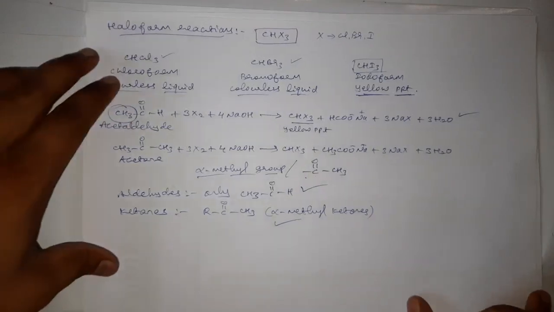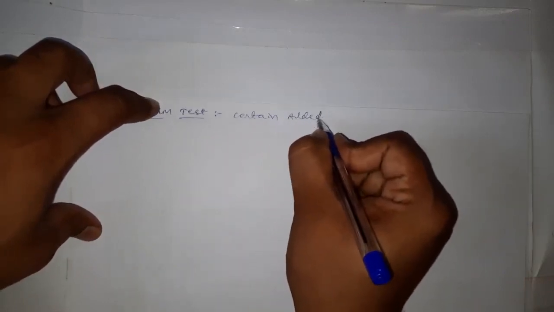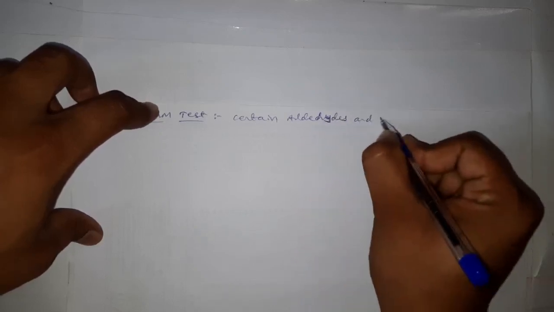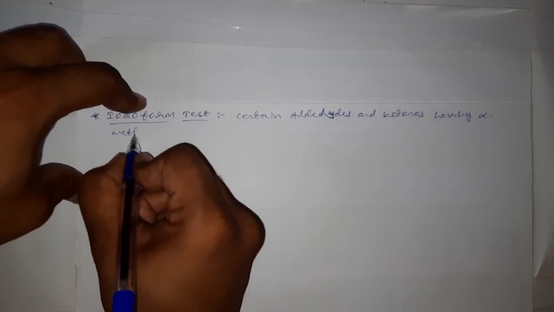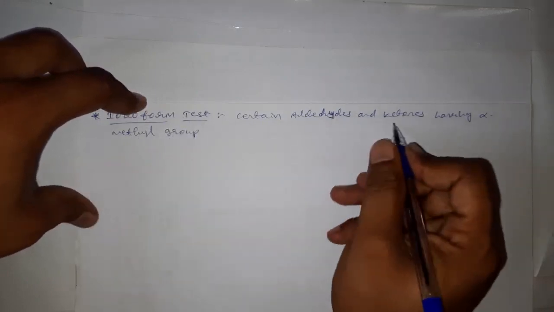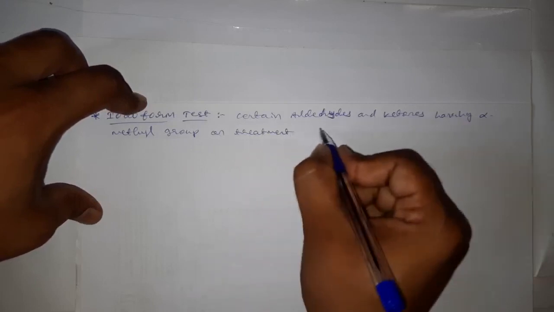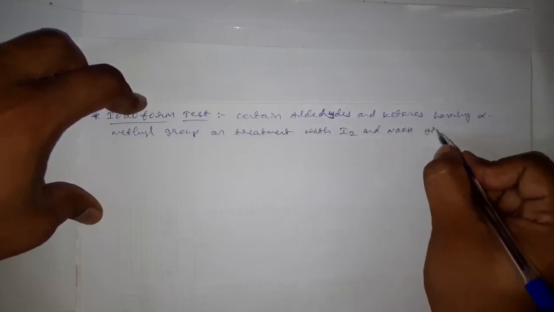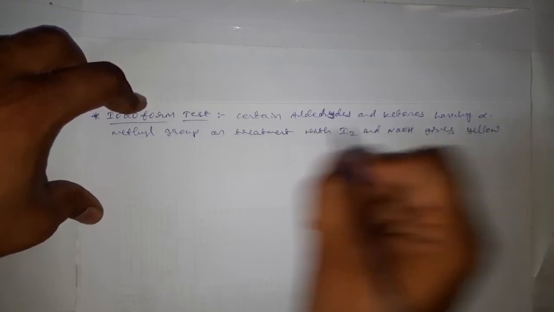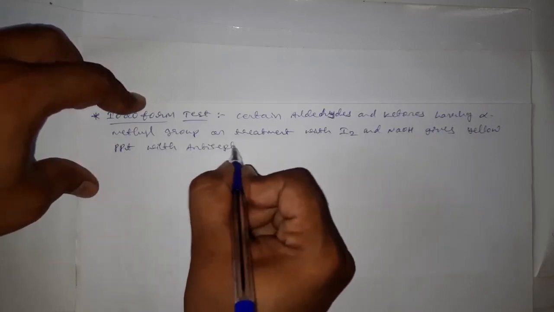Coming to the explanation of this haloform test, we can write: certain aldehydes and ketones having an alpha methyl group, on treatment with I2 and NaOH, give a yellow precipitate with an antiseptic smell.